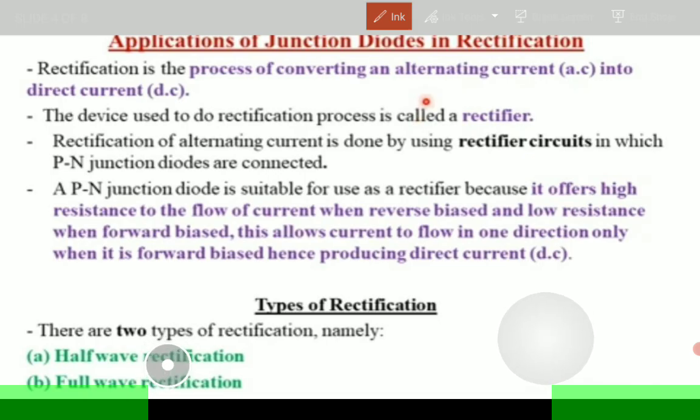A question can come in paper 2 or paper 1 in section B or paper 2 in section A to ask you to explain half-wave rectification or explain full-wave rectification. So we are going to go through the process of each rectification so that you should be able to answer questions like that.